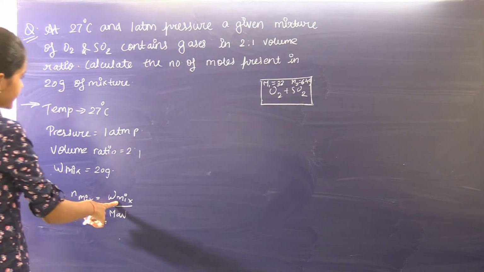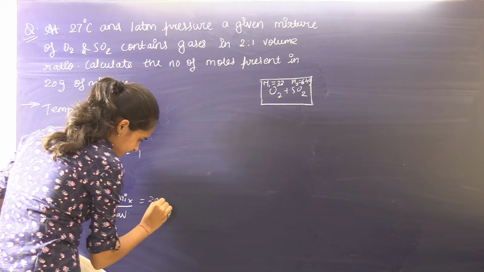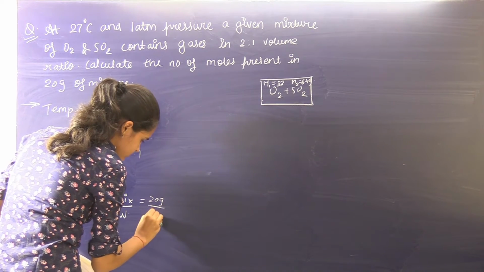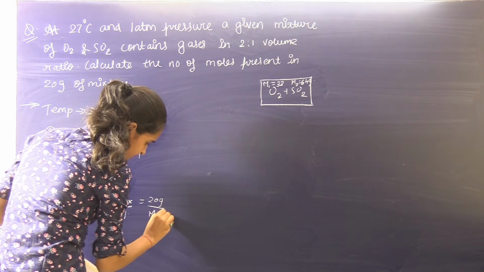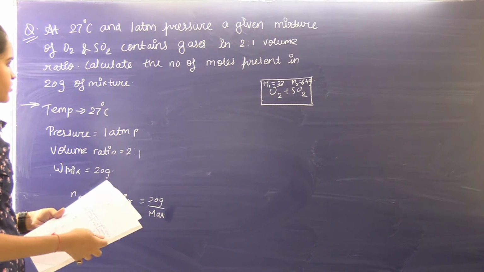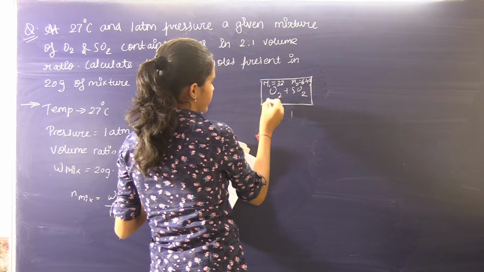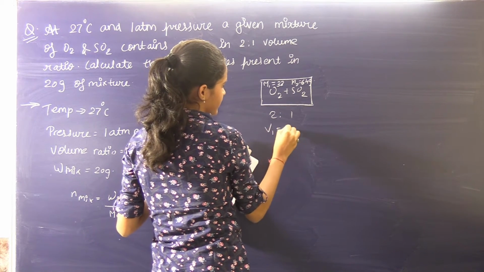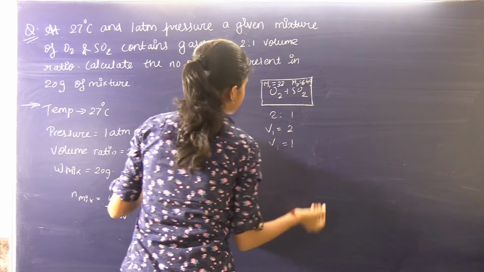So weight of the mixture is given as 20 gram. So 20 gram upon average molar mass of mixture. So volume is given in 2:1 ratio. So we can assume that volume of O2 is equal to 2 and volume of SO2 is equal to 1.